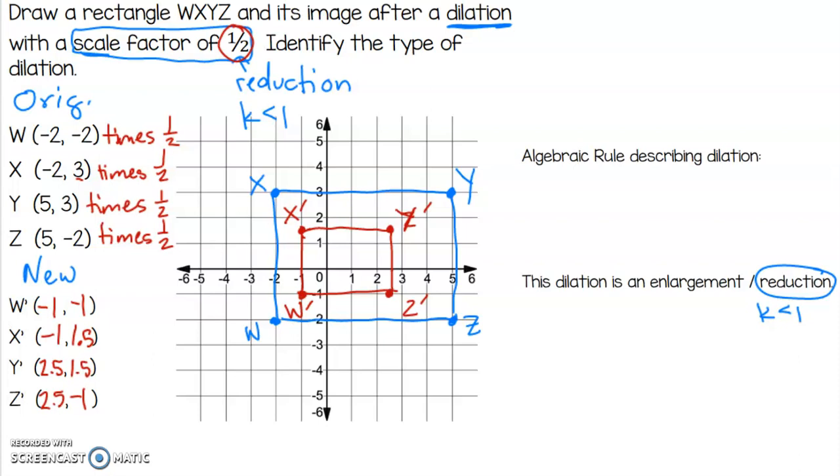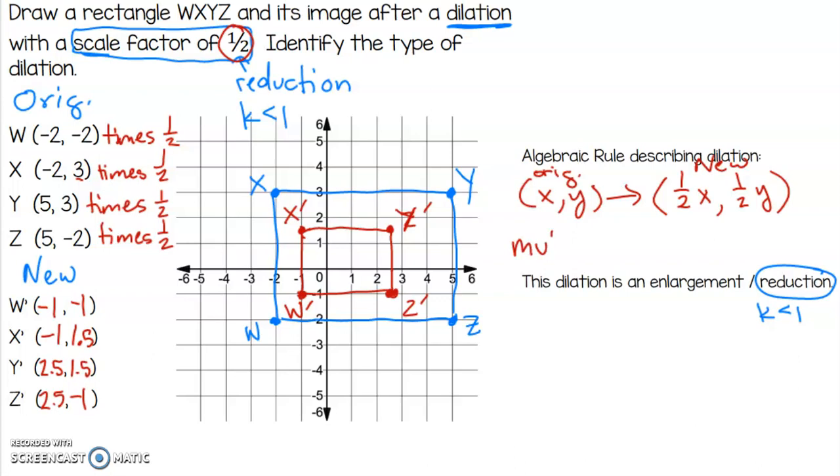All right, so our rule then for this, we take the original coordinates, right? Always start with the original. And then we say, what do we do so that we could get the new coordinates that we plotted, right? Well, we just did 1/2 times x values and 1/2 times the y values, and that gave us our new ordered pairs, okay?